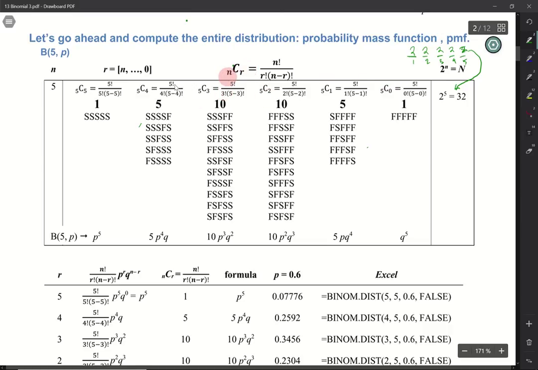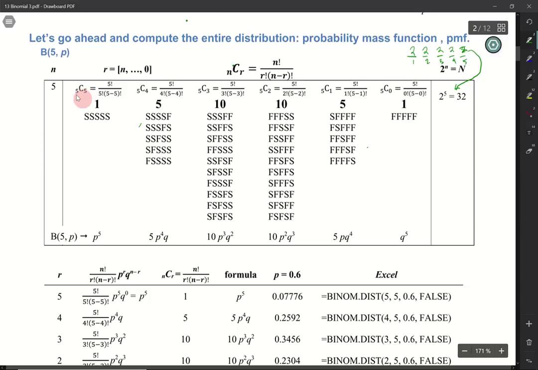So the n in all of them is this head row. Okay, so that's the number of trials. And the r, the second one, is the number of successes.